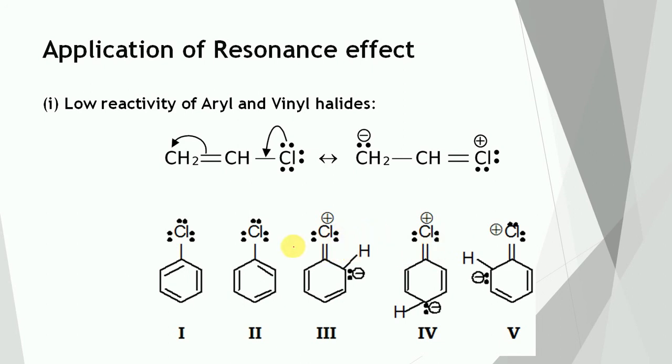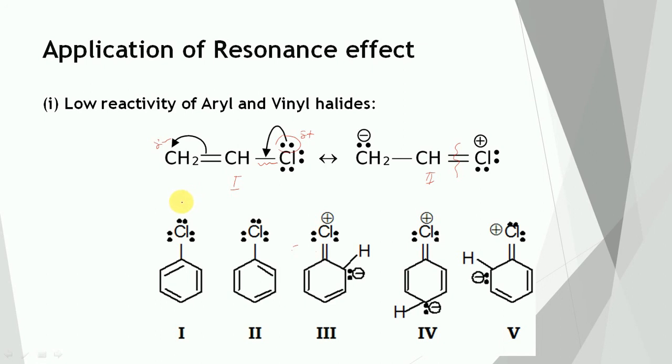So these are the resonating structures for vinyl halide. In structure number 1, the lone pair of electrons takes part in pi bond formation, at the same time this pi bond shifts toward this side so it acquires negative charge, and Cl acquires positive charge, and there is bond formation. Due to this partial double bond character, it is less reactive.